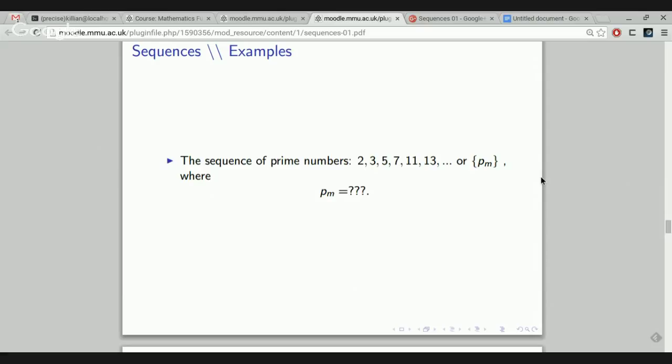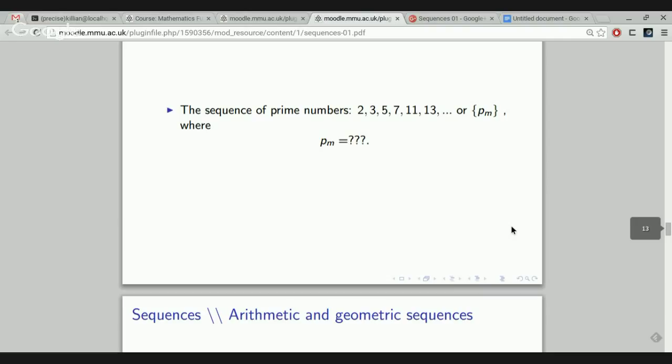That has been proven. So if you want to say definitively what the nth prime number is, it's going to have to be something a bit more sophisticated than a simple arithmetical formula with additions and multiplications. But yeah, I'll set that as homework.